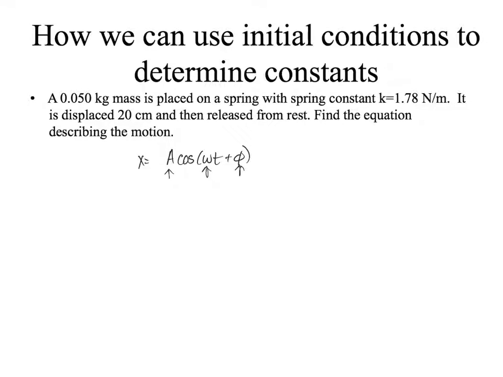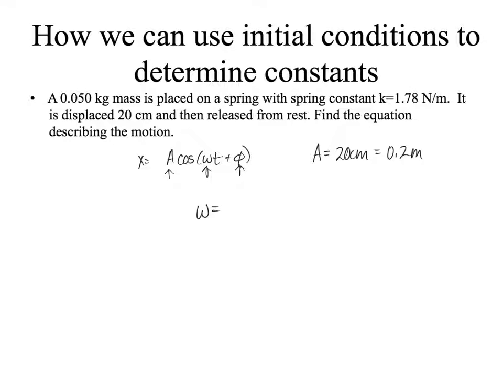So, for instance, in this problem, I have a 0.05 kilogram mass on a spring with a spring constant of 1.78 newtons per meter. It's displaced 20 centimeters and then released from rest. So if I pull it aside 20 centimeters and then release it, basically A is 20 centimeters or 0.2 meters.